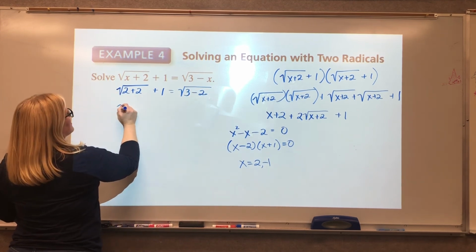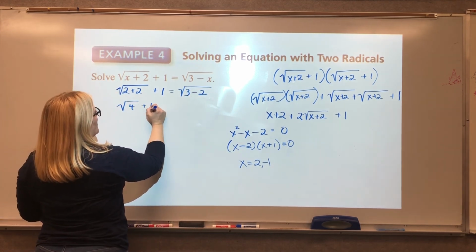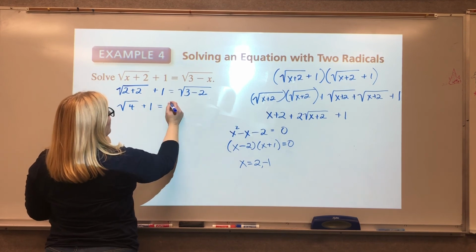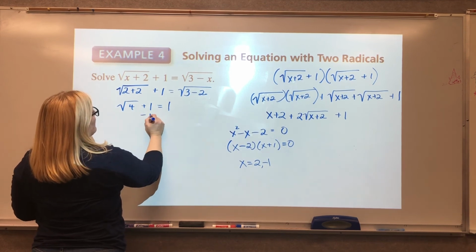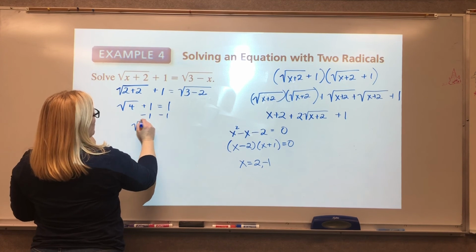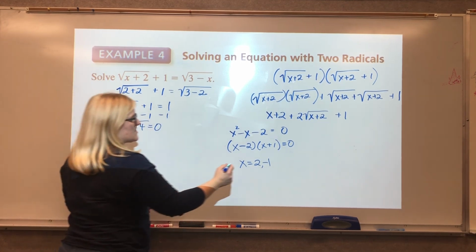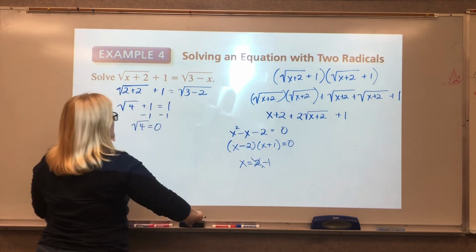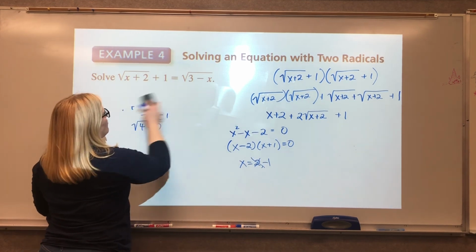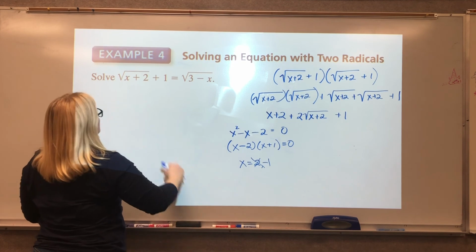Well, this is the square root of 4 plus 1 equals the square root of 1, which is 1. Okay? And now I have 3 equals 1, which is false. So 2 is not my answer. So 2 is extraneous in this solution. So let's try negative 1.